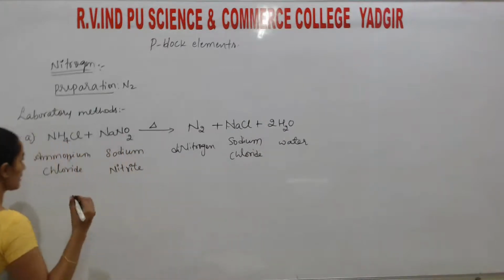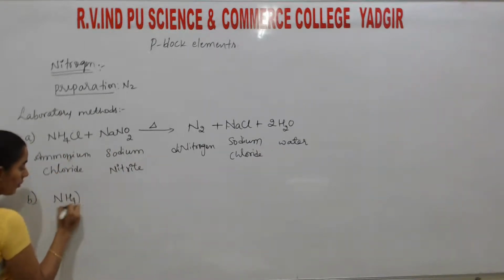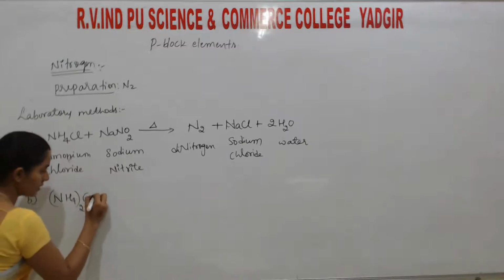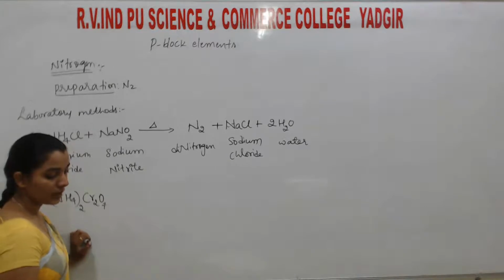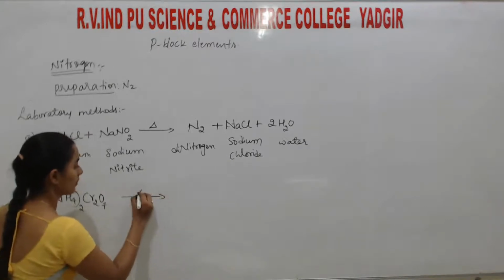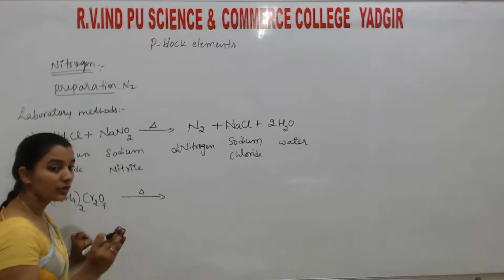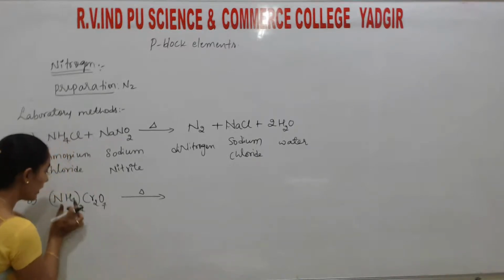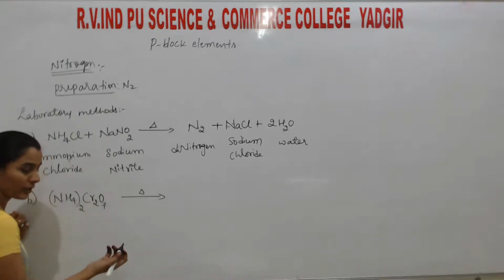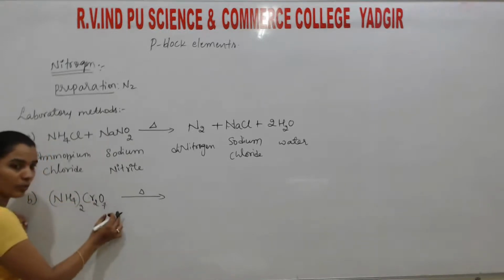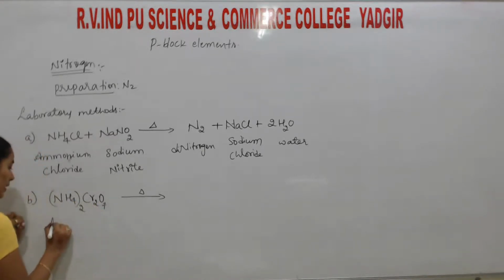Another one: instead of this, if you take ammonium dichromate, (NH4)2Cr2O7. K2Cr2O7 means potassium dichromate, Na2Cr2O7, sodium dichromate. Cr2O7 means dichromate. If it is with sodium, sodium dichromate; with potassium, potassium dichromate. This is ammonium, so ammonium dichromate.